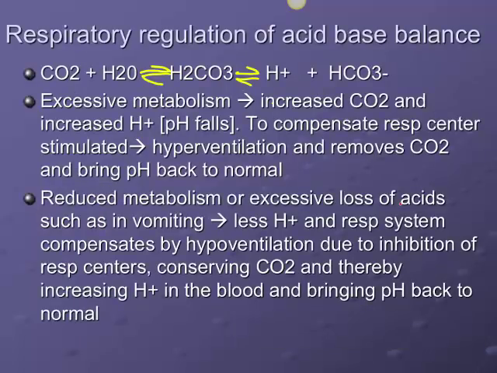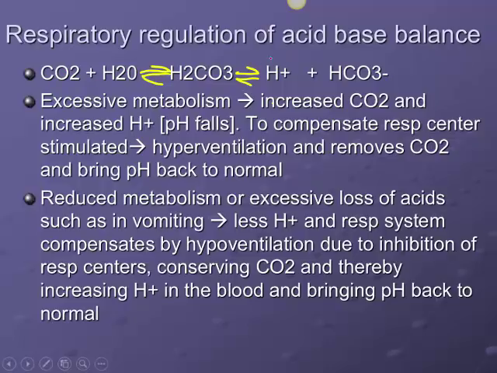So this is what we saw in that slide up there, how the respiratory system regulates acid-base balance. This reaction we saw, carbon dioxide reacts with water. The reaction can go either way depending on which way you want it to go. It forms carbonic acid, which breaks up into hydrogen ions and bicarbonate ions. So if there's excessive metabolism, you're going to form more carbon dioxide.